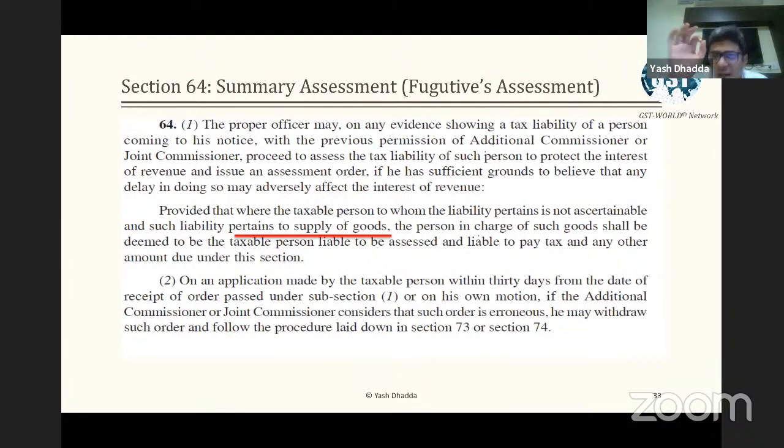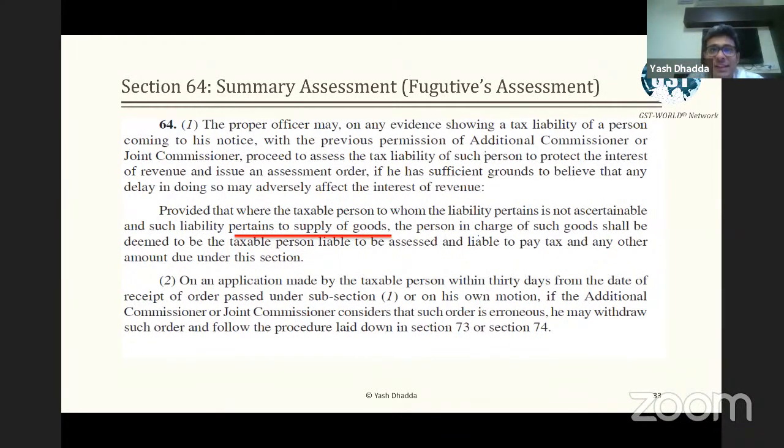Now, practically and unfortunately, I have seen a case where somebody had an additional place of business and they had stored their goods at that additional place of business. The only error which they made was that they did not get their additional place of business registered in GST. 15 दिन के अंदर registration कराना होता है. They did not get that done in 15 days. They did not add that in the additional registration. Suddenly, a team of officers came to the additional place of business.